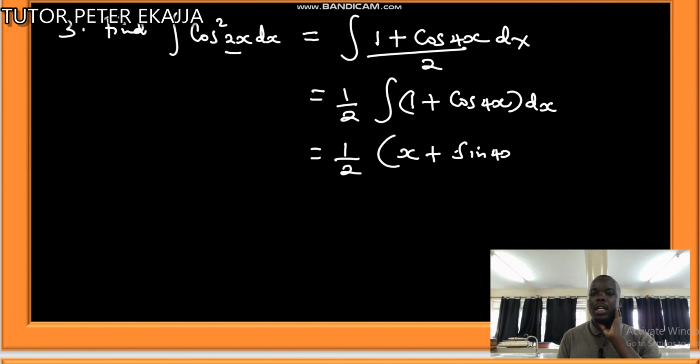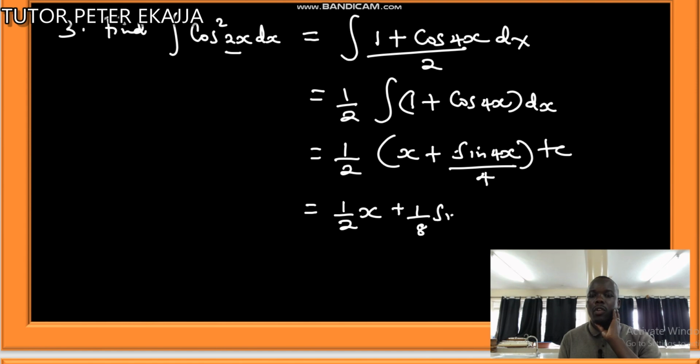But remember, you must divide by the derivative of the angle and then plus a constant. At the end of the day, when you open the bracket, you will have a half x plus 1 over 8 sine 4x plus a constant. And when you do that, you will have already done the integral of cos squared of 2x dx.